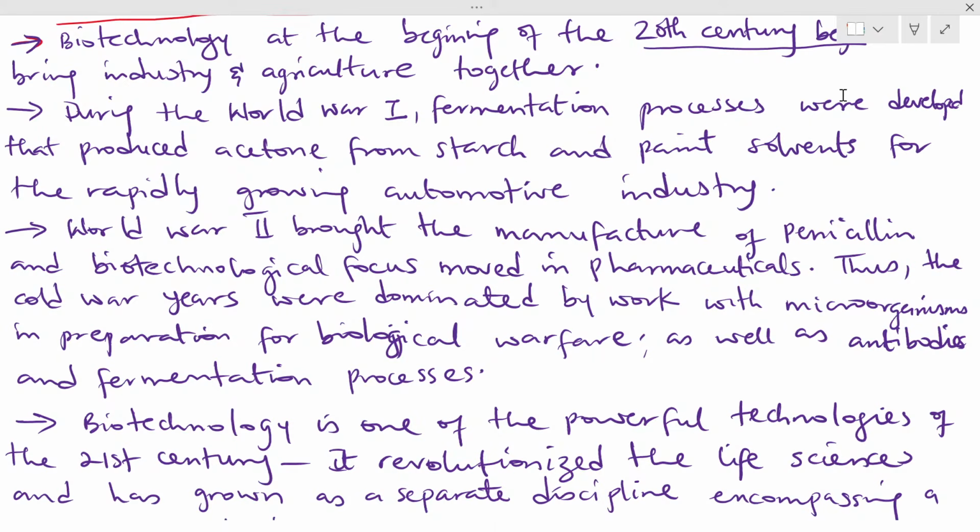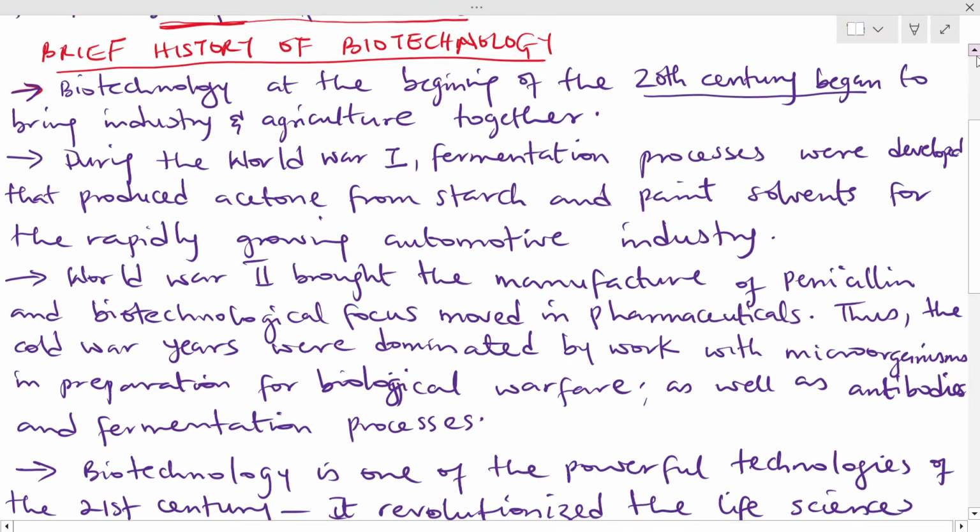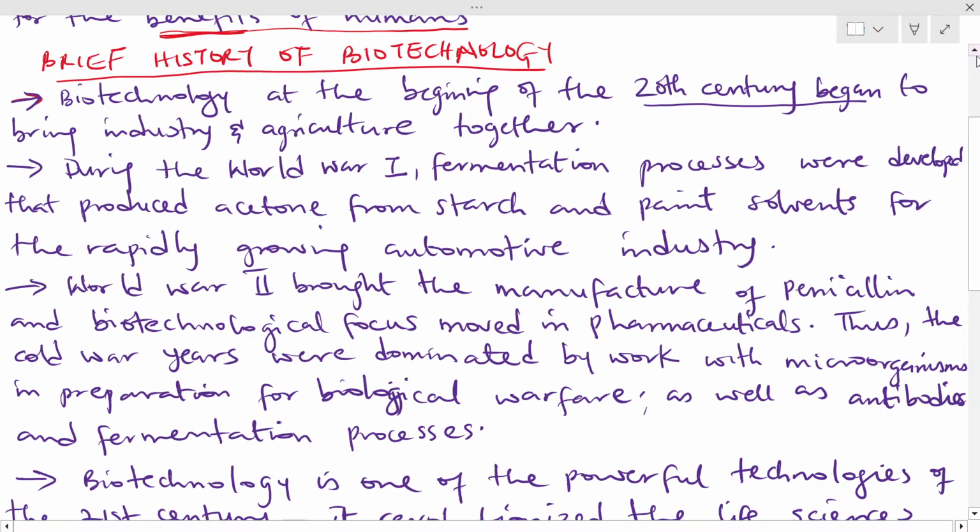I just try to itemize it so that it does not look clumsy and jam packed, so you could just have it as bullet points like the way I gave it here. Biotechnology at the beginning of the 20th century: as far back as the 20th century, biotechnology began. That's key to note. And it brings industry and agriculture together, especially the medical industry.